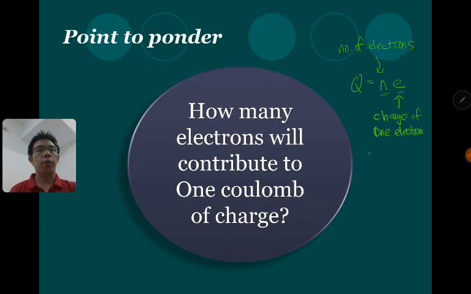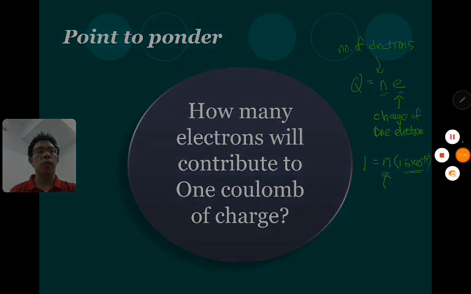So if you want to get 1 here in front to indicate that's 1 coulomb, so what number of electrons do you need? What you can do is divide the 1 by 1.6 × 10^-19, because that's the charge of 1 electron. Then you will get the total number that is needed to make up the 1 coulomb.